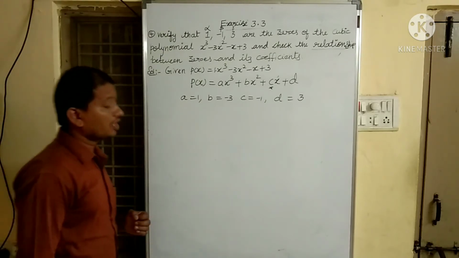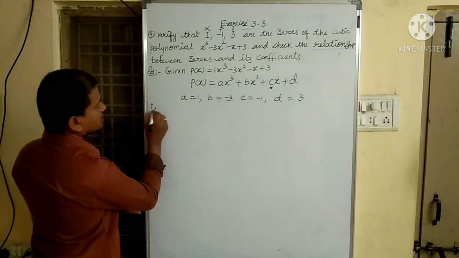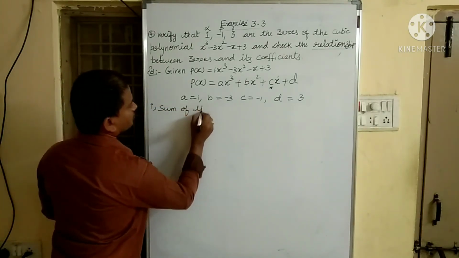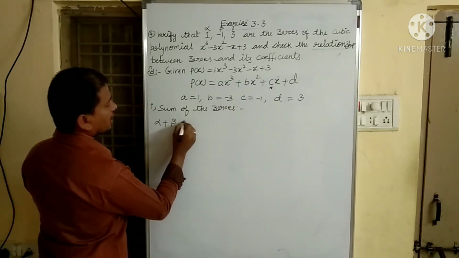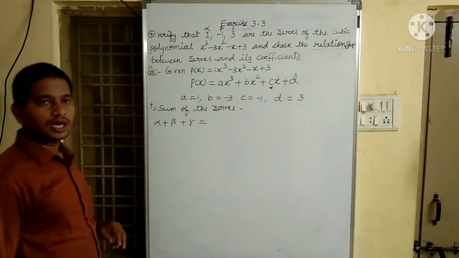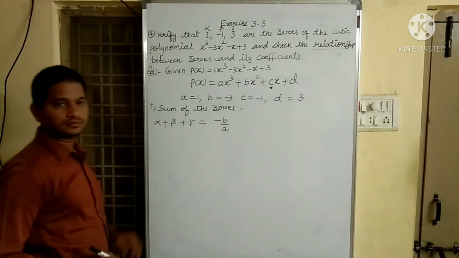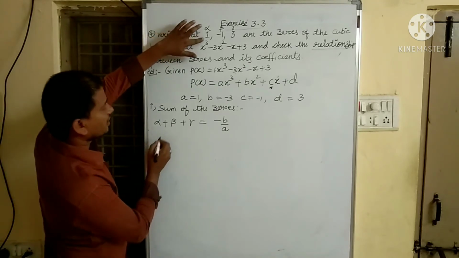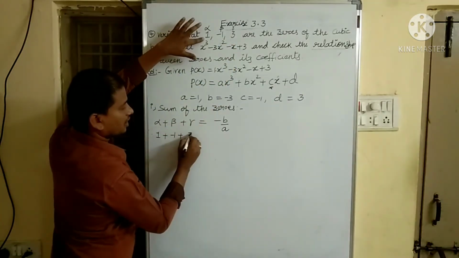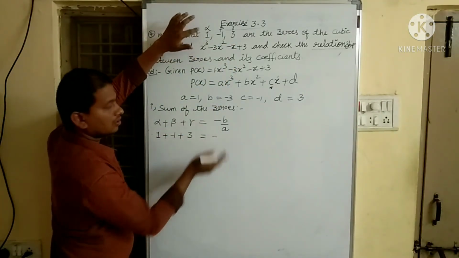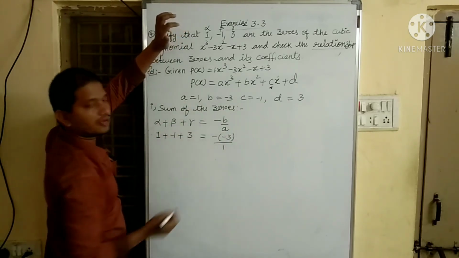Right? And we have a relationship between zeros and coefficients of a cubic polynomial. The first relation is the sum of the zeros, alpha plus beta plus gamma, equal to minus b by a. Alpha is 1 plus beta is minus 1 plus gamma is 3, equal to minus b, that is minus of minus 3, by a, which is 1.